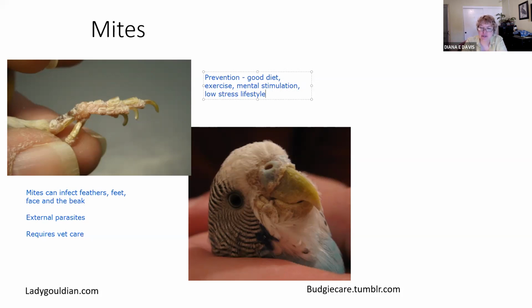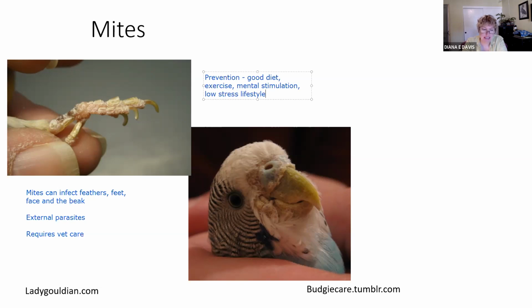But stress makes birds more vulnerable to this. Bad diet makes them more vulnerable to this. Never getting out of their cage, not getting exercise makes them more vulnerable. So it's important to do all of those things.